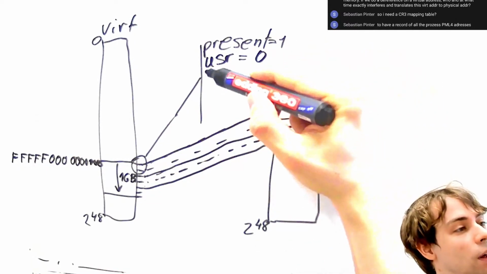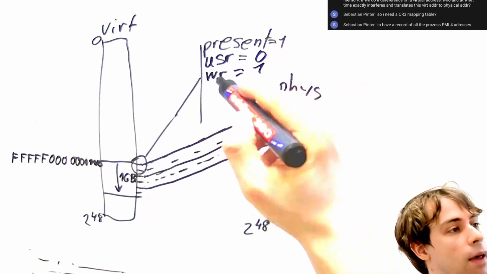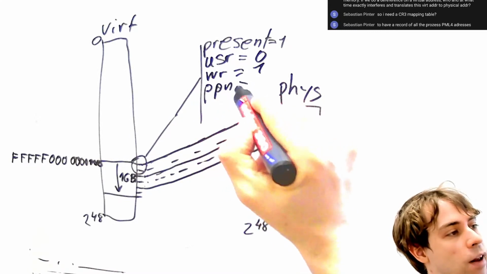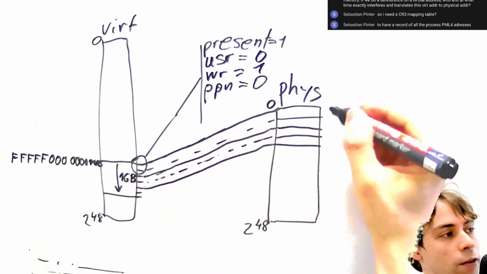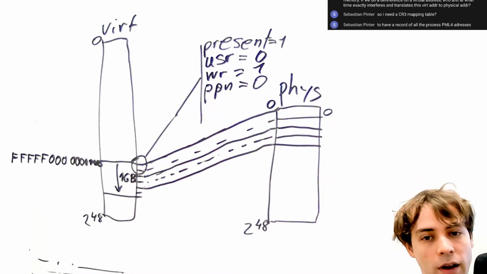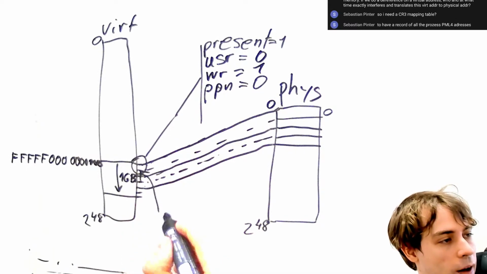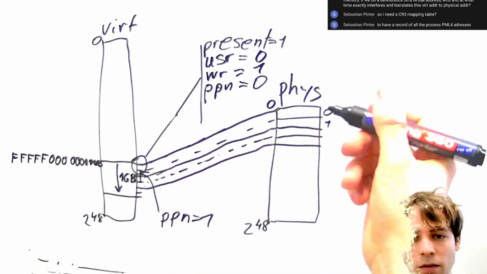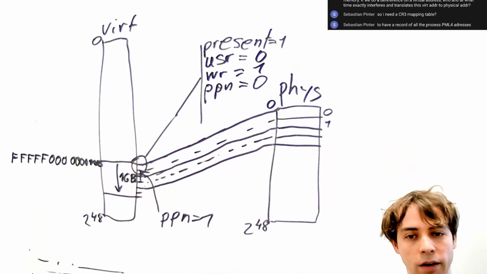That cannot be allowed. Is it writable? Yes, it's writable for the kernel. And then we want to know what is the physical page number. The physical page number for this first page here is 0 because it maps the first page in the physical memory. Let's take a look at the second page here. Second page, PPN is 1. Yeah, because it just maps one page from here to one page here, one page here, one page here.